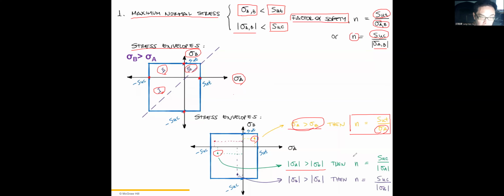Therefore, we define the safety factor equal to SUC, the ultimate compressive stress, divided by the absolute value of sigma A. In the same quadrant, if sigma B is greater than sigma A, we just change sigma A to sigma B. It totally depends on which absolute value is higher.